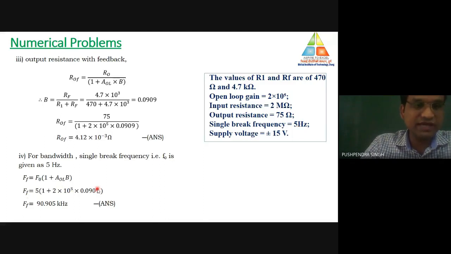So just substitute the values and the final result is 90.905. So these problems are so important and very easy. Just you need to remember the formula, how to calculate the value of different parameters. So this is our first problem related to voltage shunt or inverting amplifier.